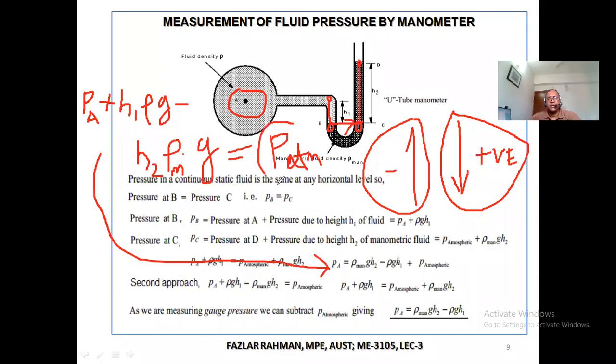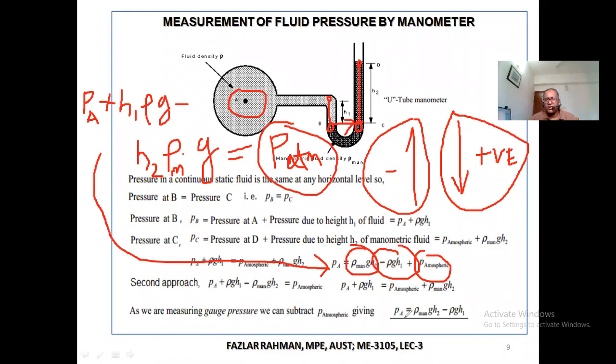On the right hand side, you get P atmosphere, rho manometric, this will be positive. What is negative becomes positive on the right side. And this one is plus, you take it to the right side, this will be negative. Okay, so anyway, you can walk down to figure out the pressure in a particular tank or between two tanks.